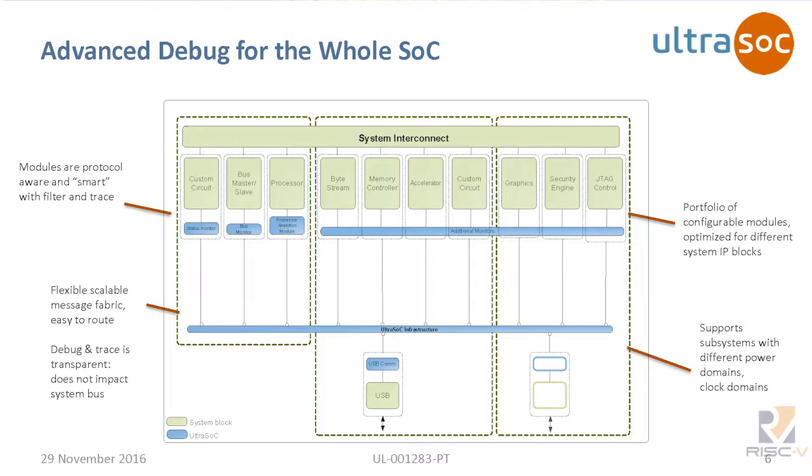JTAG is the obvious one, streaming SerDes, single wire, and indeed talking to conventional on-chip interconnect, so a subsystem on chip. So the way this stuff works is that we, at runtime, send messages into our UltraSoC domain. We configure the monitors and the analytics subsystems to observe for conditions.